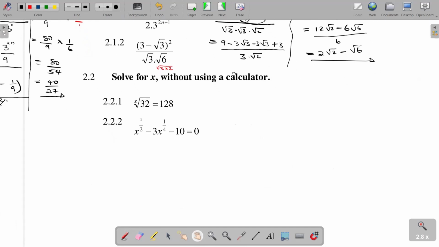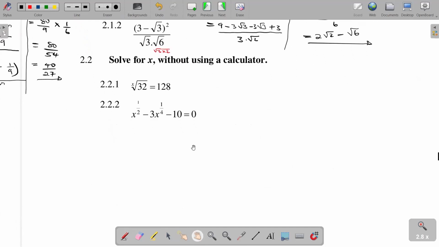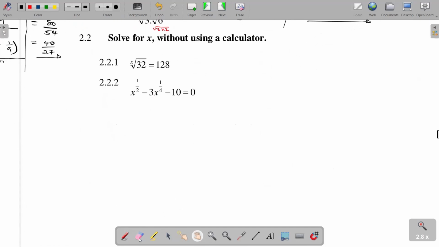Question 2. For x, without using a calculator, 2.2.1. That one, we are going to apply the rules.